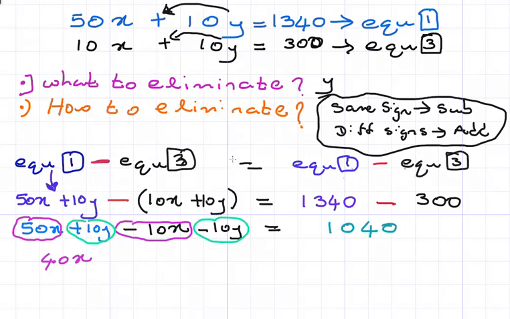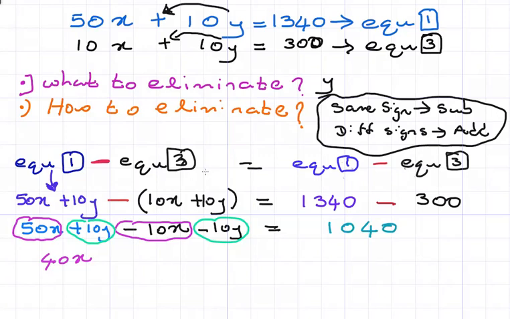Plus 10 and minus 10, are they friends? No, right? They're enemies. If you put them together, the result is going to be 0, because they're going to fight and no one is going to win since both are equally powerful. So plus 10 minus 10 is 0. So 0y. 0y means no y's.